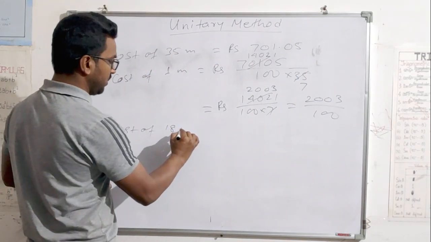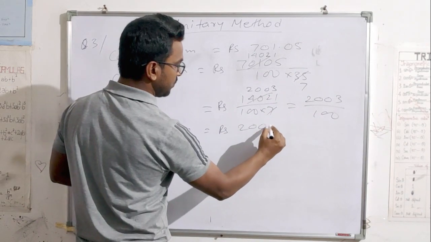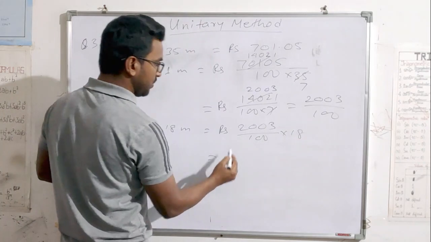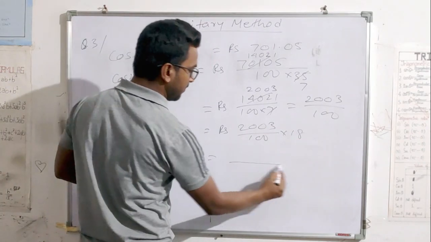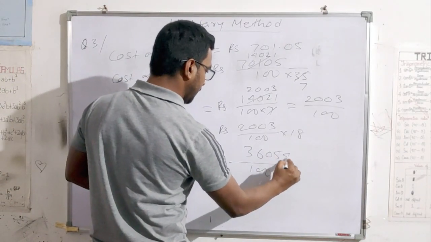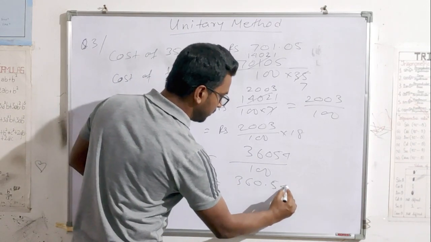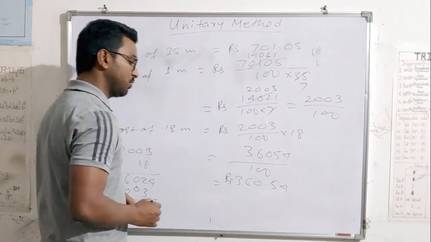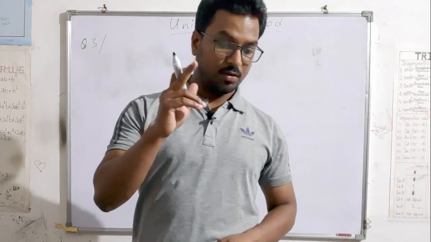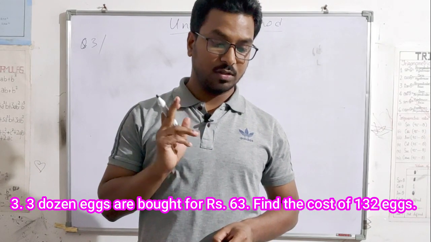Cost of 18 meters equals rupees 2003 by 100 into 18. If you multiply this, we are getting 36054. If you divide by 100, it will be 360.54. So the total cost will become 360.54.